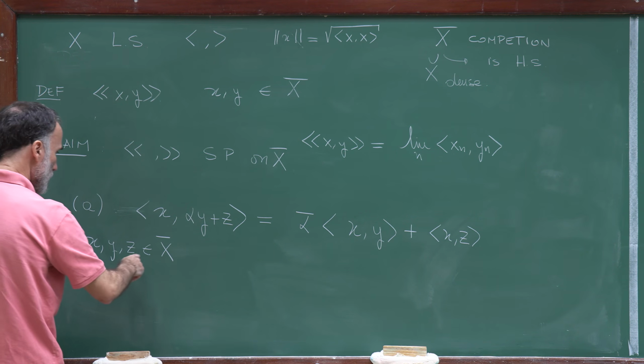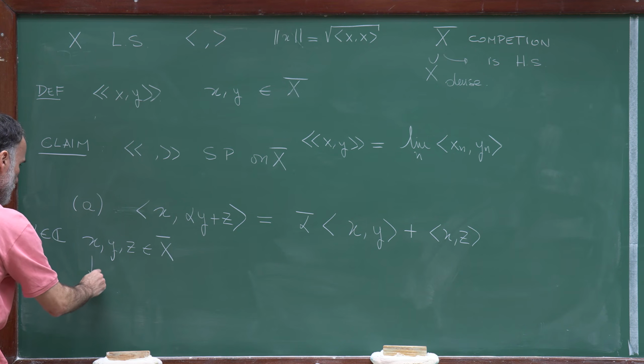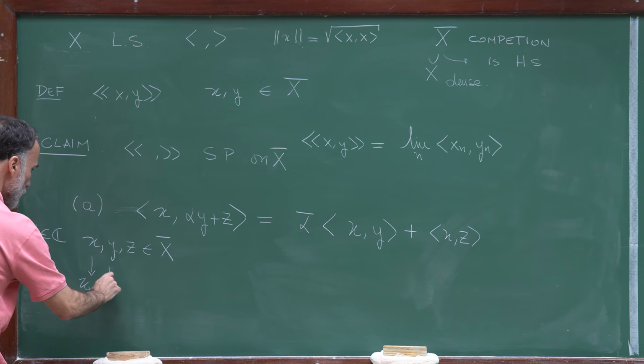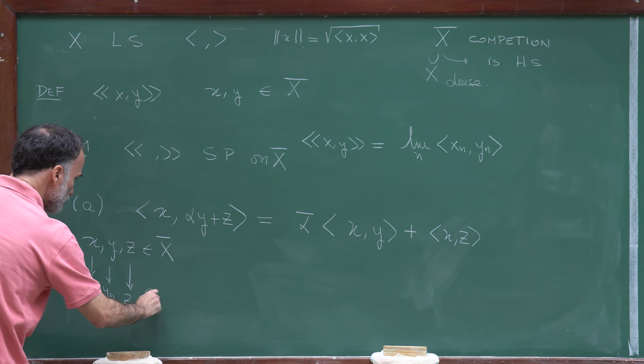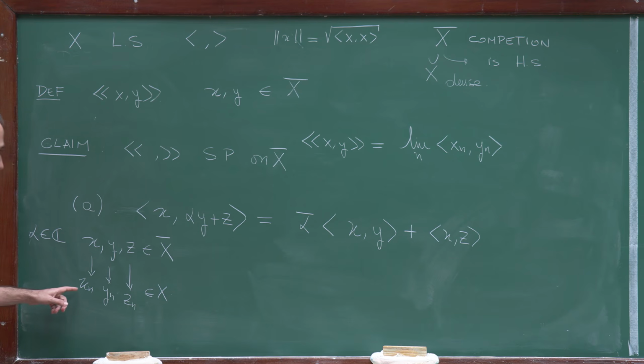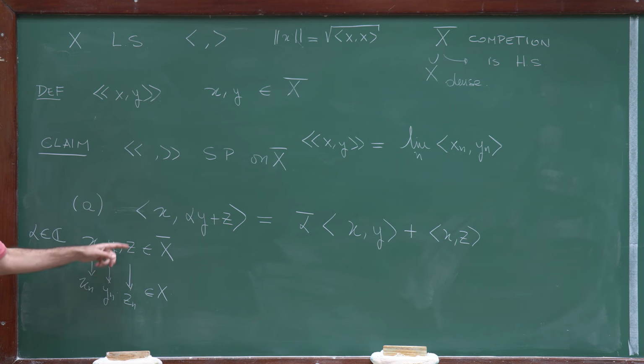If x, y, and z belong to X bar, there exist sequences xn, yn, and zn in X which are converging to x, y, and z respectively.